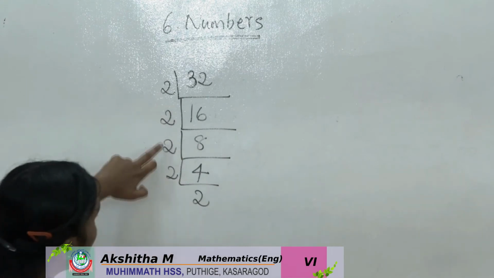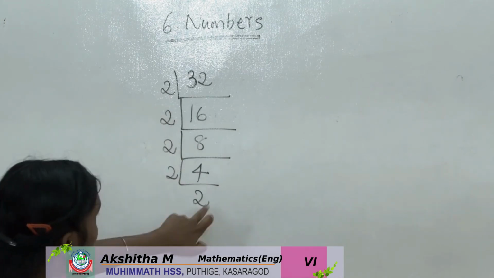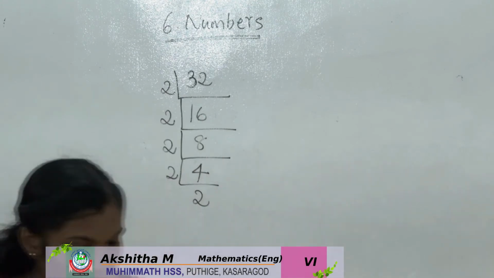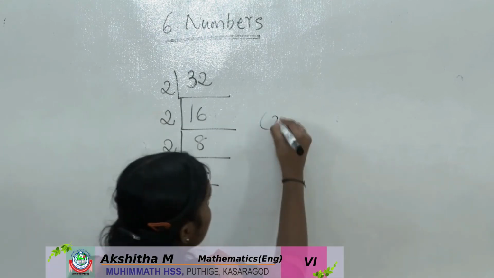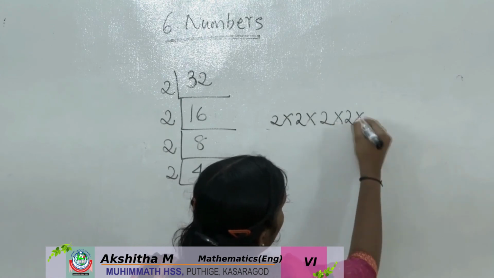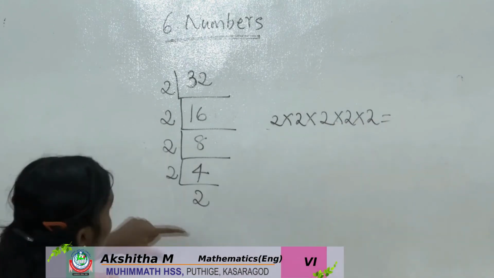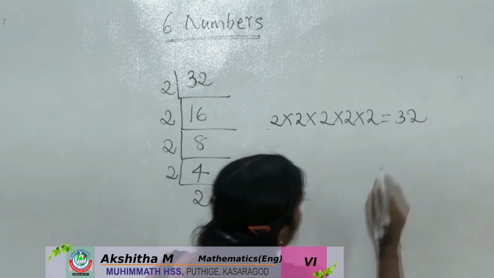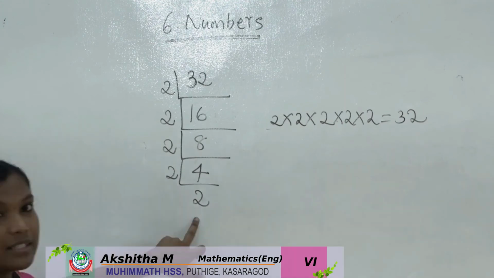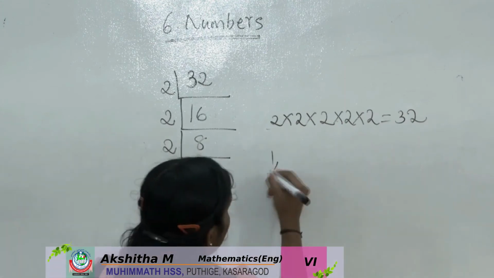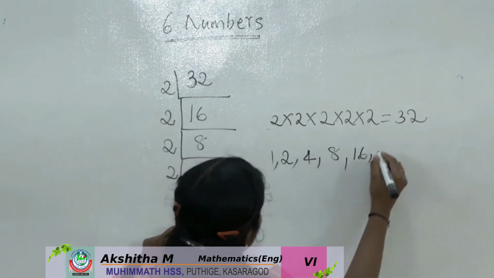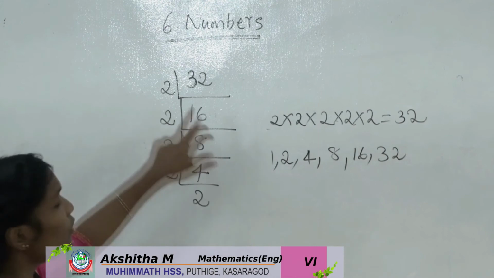So 2 into 2 into 2 into 2 into 2 is 32. You can see here 5 twos is equal to 32. These are the factors of 32. You can write here 1, 2, 4, 8, 16, 32.